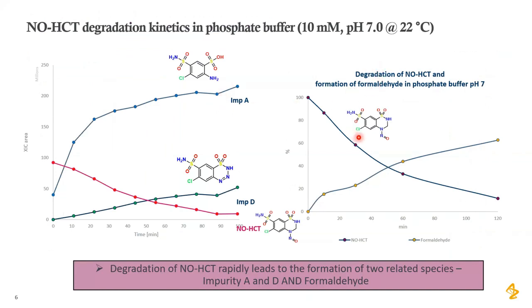So formaldehyde, of course, is a direct acting mutagen. And what actually happens, and you can track this under those conditions, is that nitroso hydrochlorothiazide degrades rapidly to form these two major impurities as well as formaldehyde. So the next step was to think about, mechanistically, what was going on.